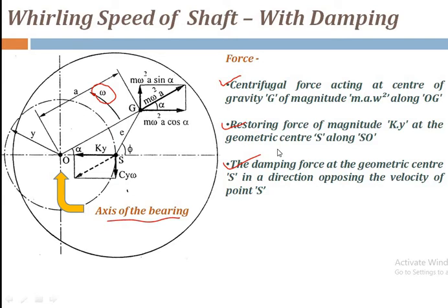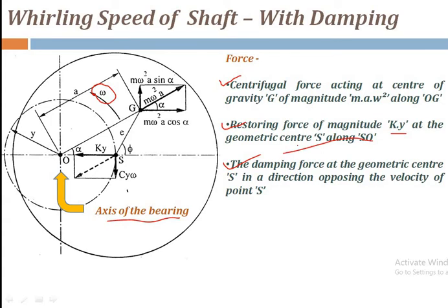Another force is restoring force produced due to elastic property of the shaft of magnitude k into y, where k is a stiffness of the shaft due to transverse vibration. Restoring force acting at the point S along SO.